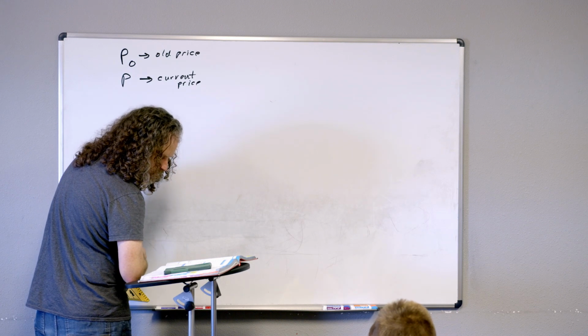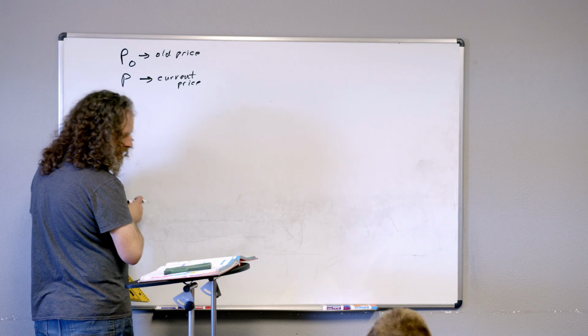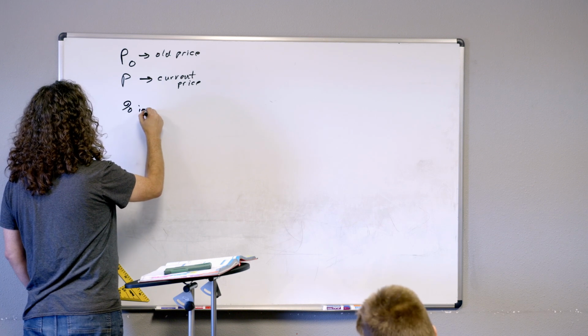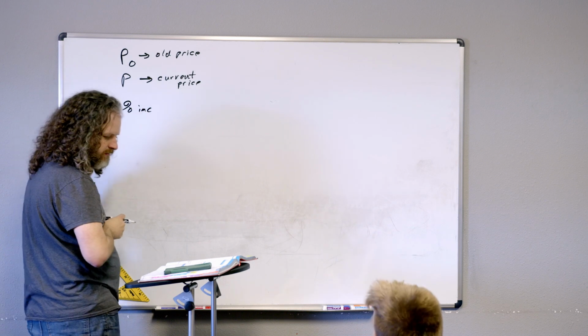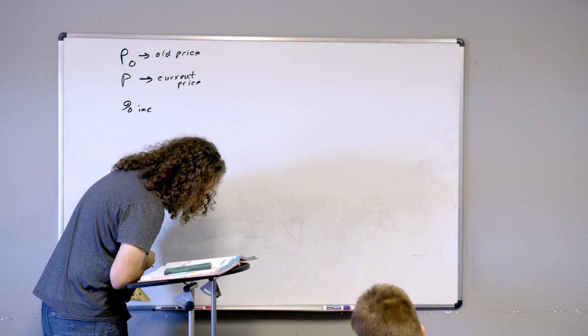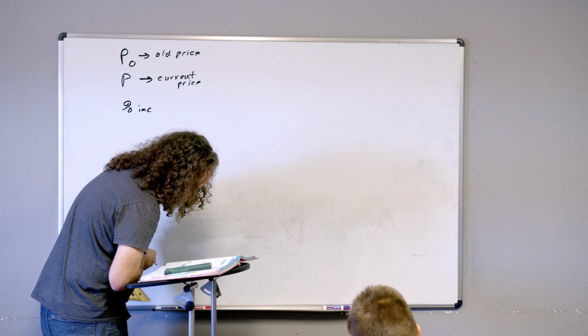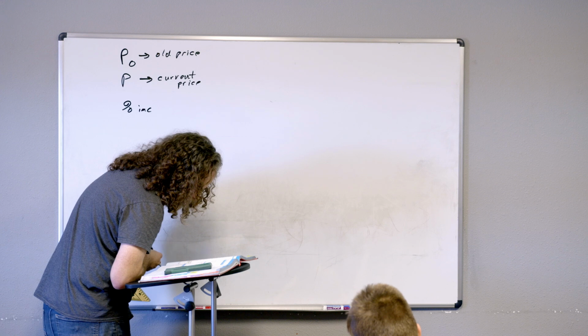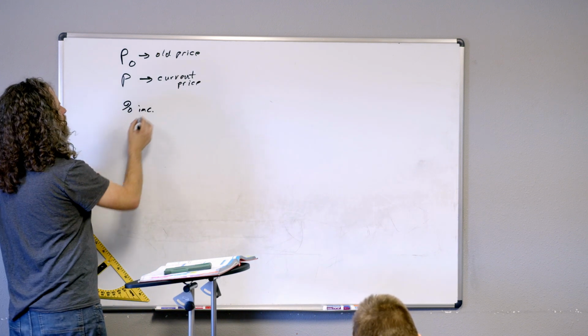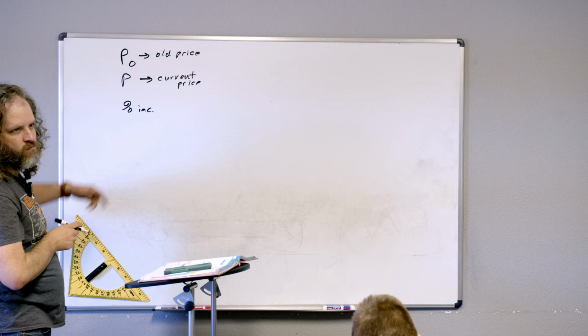Okay. We have a percent increase, right? Anything else? Any other variables happening? Current price, price per share a year ago, percent increase. So which of these three quantities do we know?